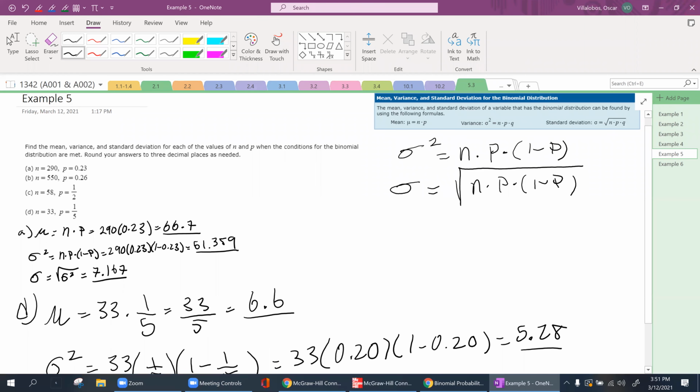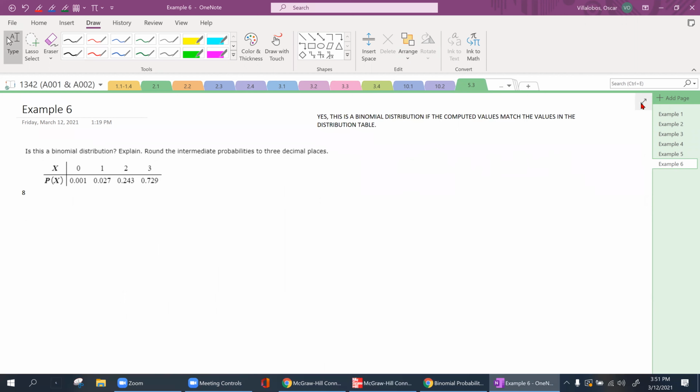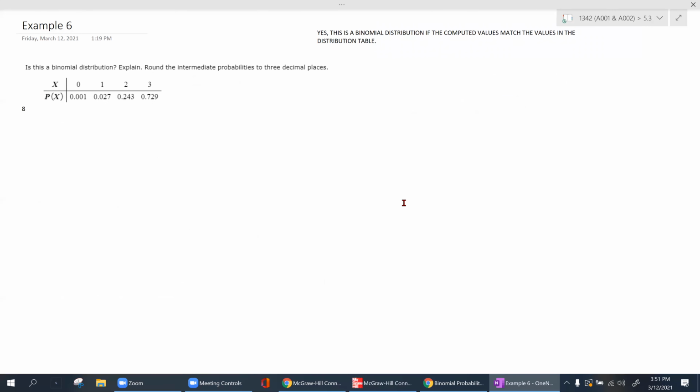Okay, and last but not least, example number 6. You're going to be given a binomial distribution table, and you have to determine whether what you're given is a binomial distribution.